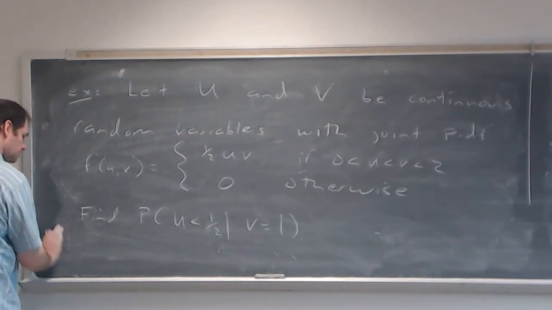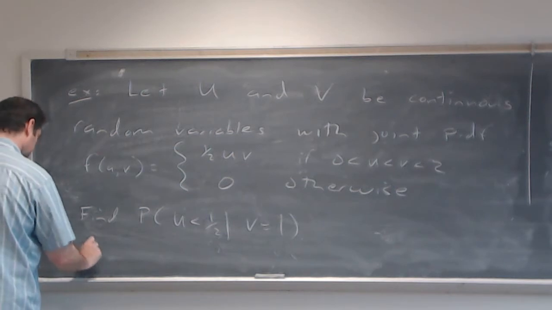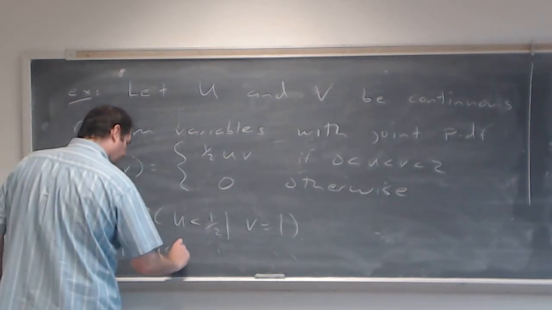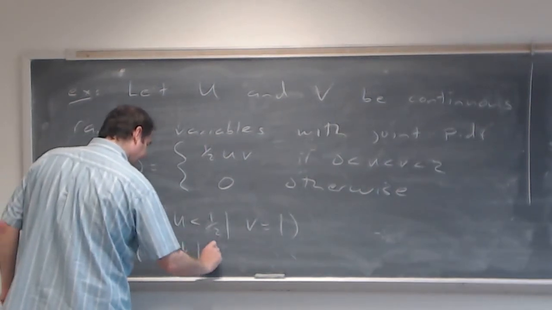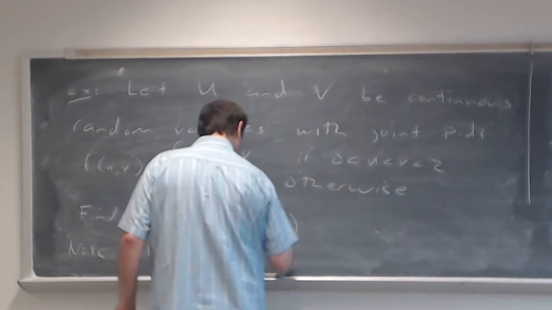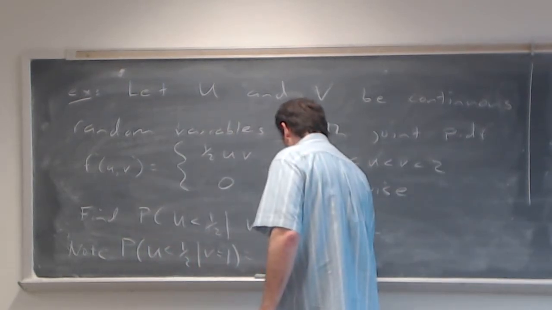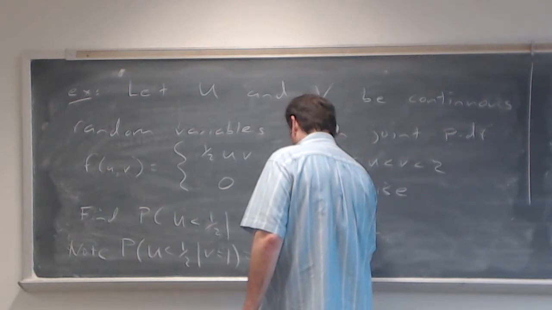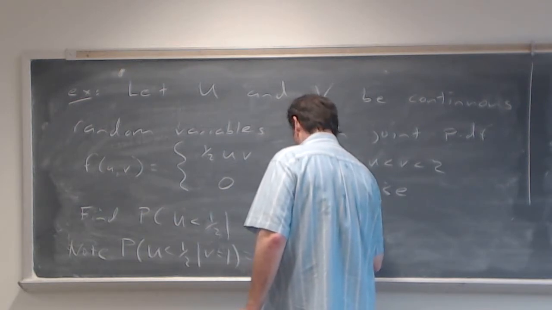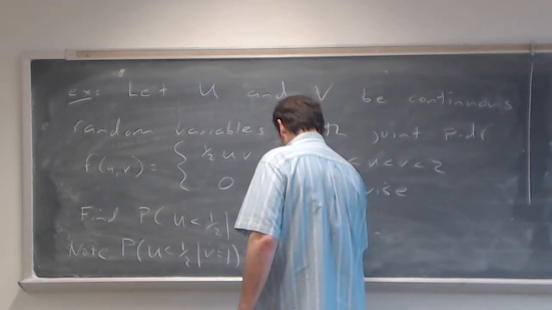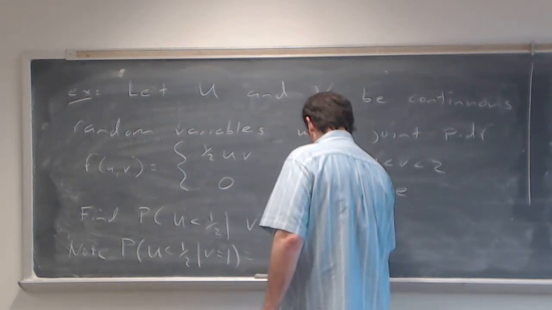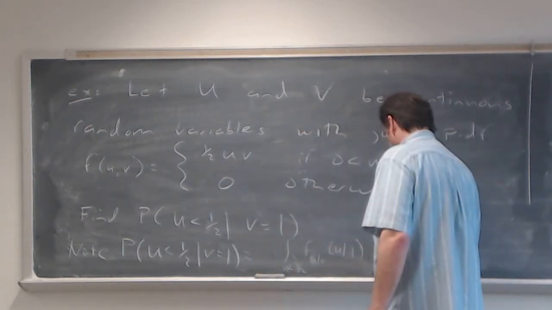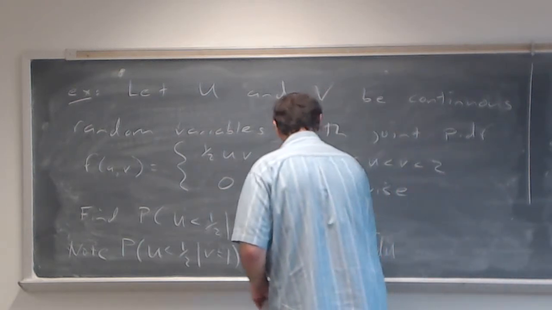So note, to do this, that's supposed to be equal to, by our previous definition, the integral over the region where u is less than 1/2 of f sub u given v of u given v equals 1. And then this would be integrated with respect to u. So that's what we have.